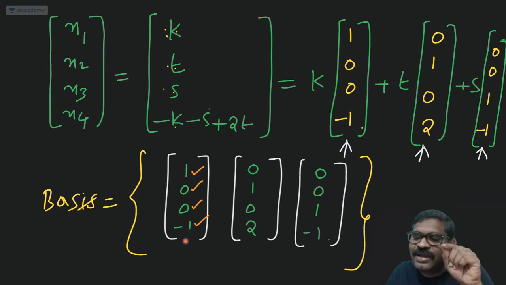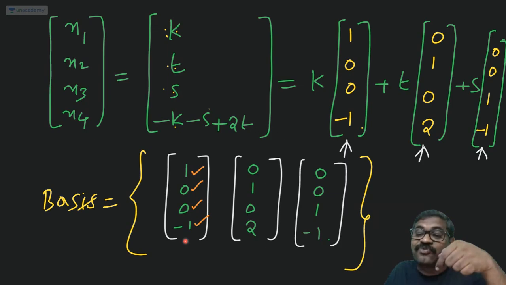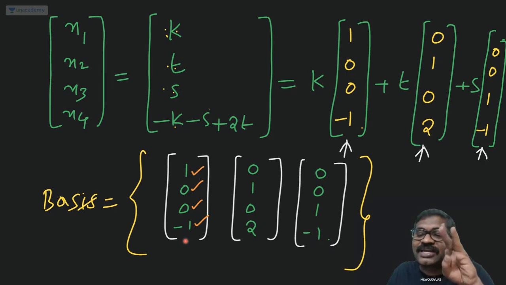Actually, your vector space is R power 4. That's why your vectors are 4-dimensional. But you got your basis with only 3 vectors.